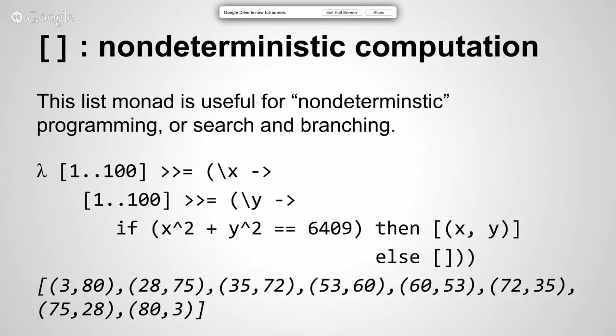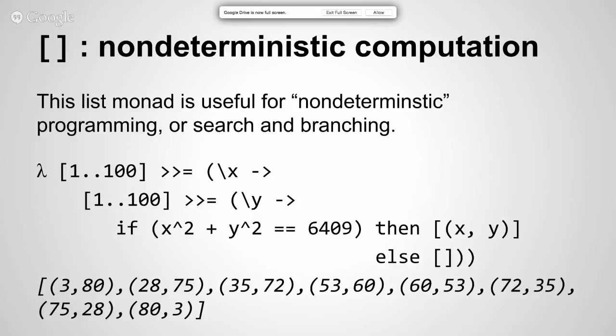Okay, so the deterministic non-determinism that I've talked about, the searching and branching, that's what the list monad is. So if you take the list of 1 to 100 and you bind it to the function that takes an x, that's an x from that first instance of the list, and sends it to 1 to 100 bind function that takes y.